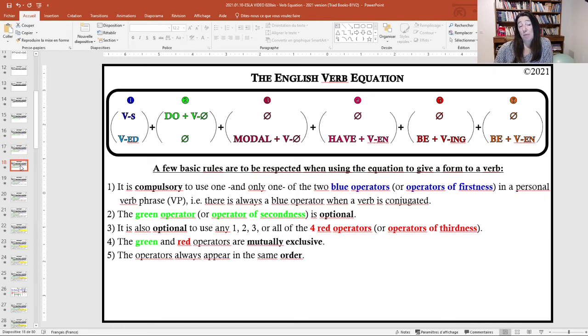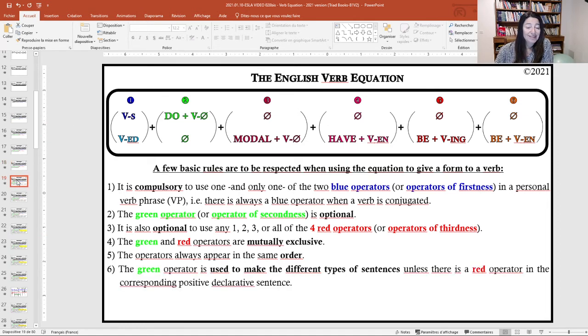And of course, the operators always appear in the same order, which makes things really easy, because you know you are always going to find have plus VEN, that is to say the perfect, before be plus VING. And if you want to use a modal, it's always going to come before the perfect. So it's always the same thing. And once you know that, it makes things really easy.